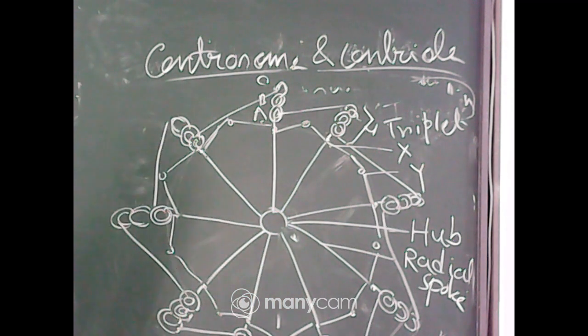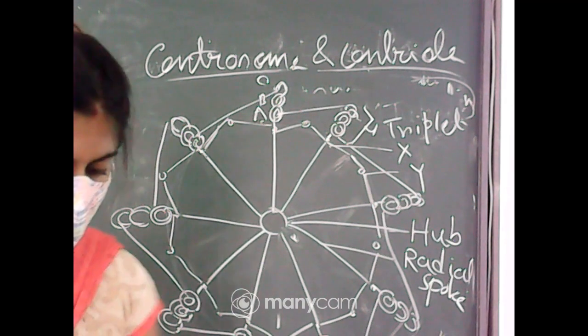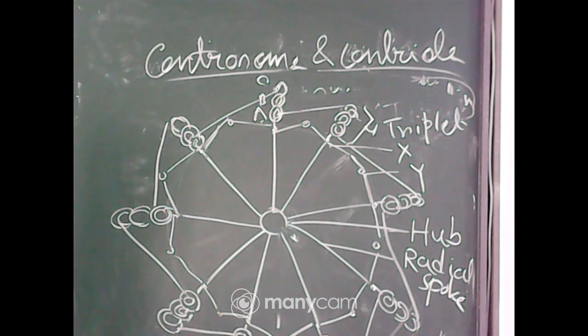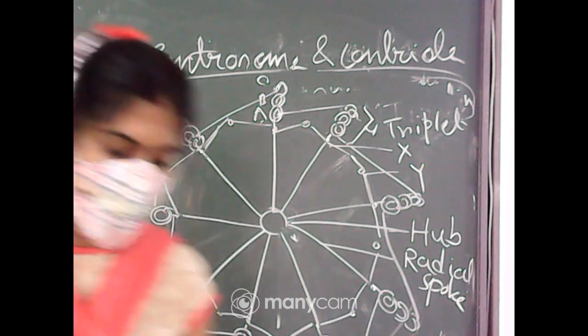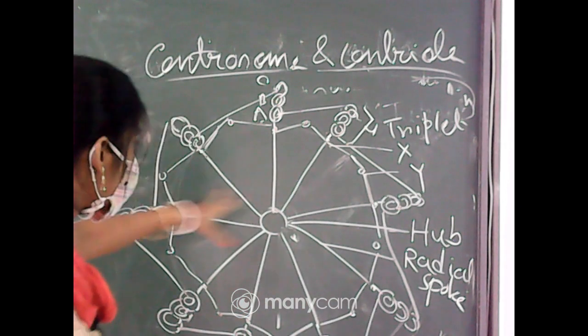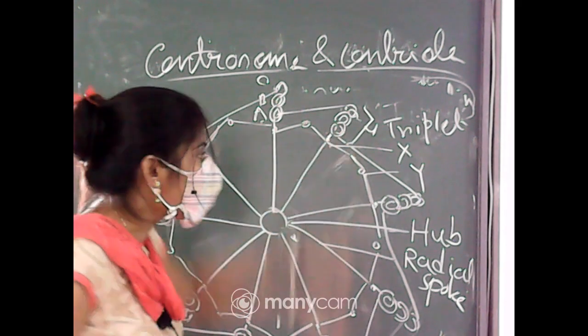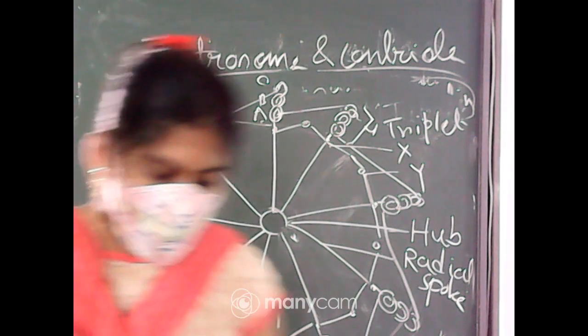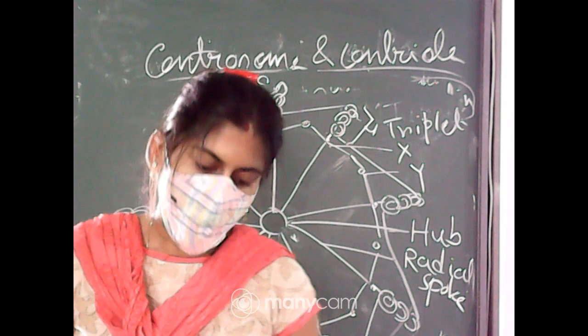So in the ultrastructure, in the central region there is a proteinaceous structure called the hub, which is connected with the tubules of the peripheral triplets by structures called radial spokes, also made of protein.